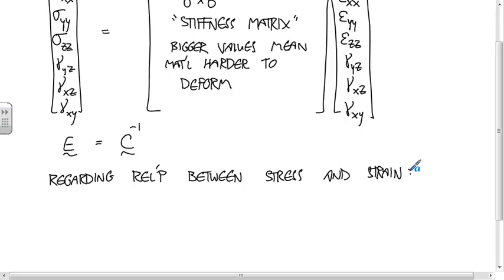The word elastic, so what does elastic mean? It probably came up in physics at some point, when you do elastic collisions. So what makes a fruit of the loom elastic waistband elastic?